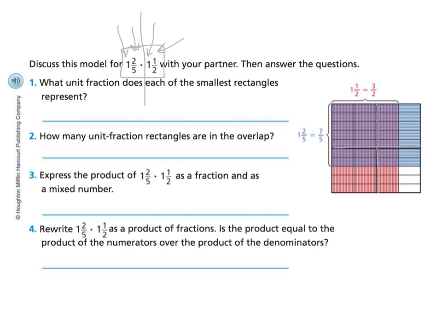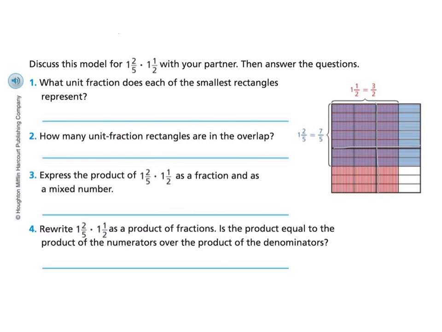So the first one is 1 2/5, and the very first thing we need to figure out is to make these mixed numbers into improper fractions.